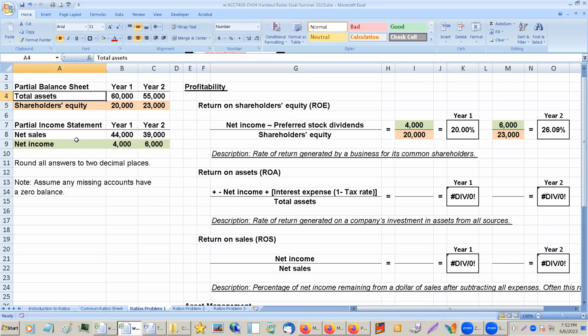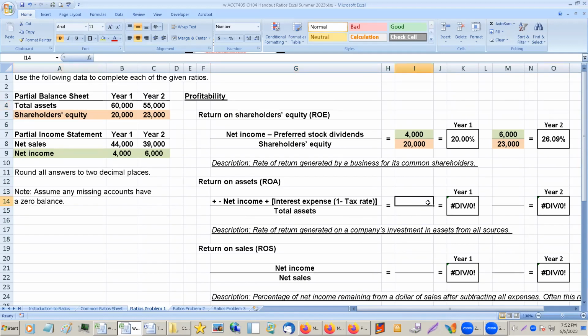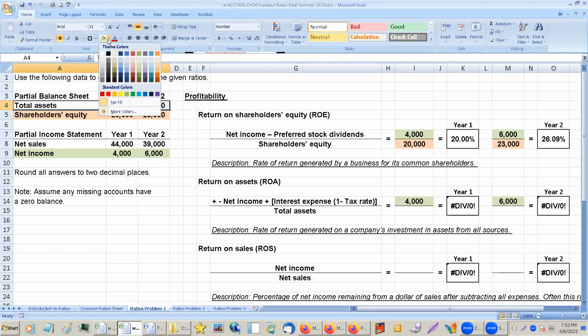Thankfully, we don't have any interest expense on this one, so we'll just use the net income again, over our total assets. Okay, let's make total assets blue or turquoise.